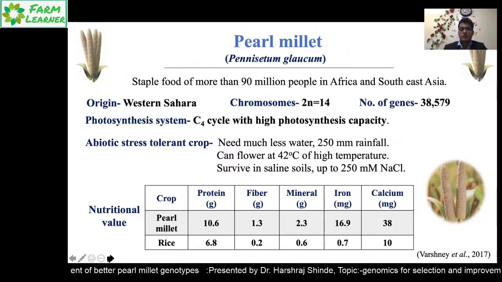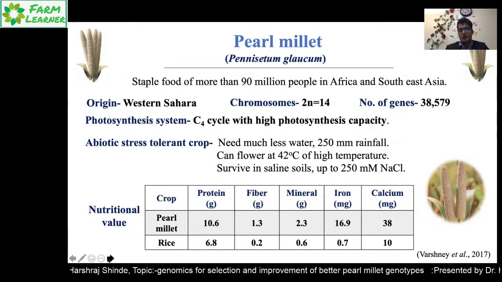In terms of production, the number one is rice, number two is wheat, number three is maize, number four is barley, and then comes pearl millet. So it is one of the staple food crops. It originated in the West Sahara zone, which is very hot.